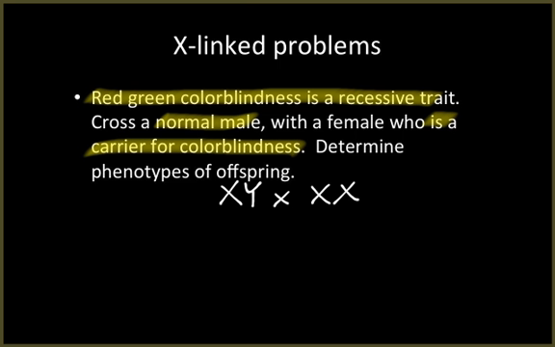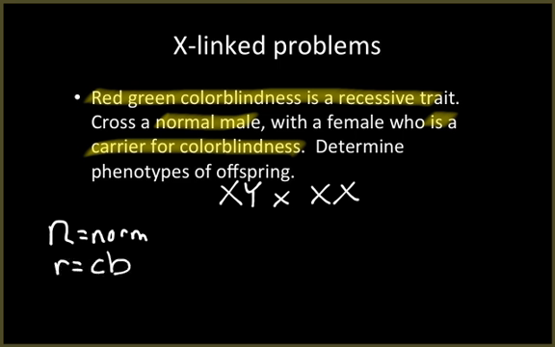So for red-green color blindness, let's use R. So big R will be normal, and little r is colorblind.